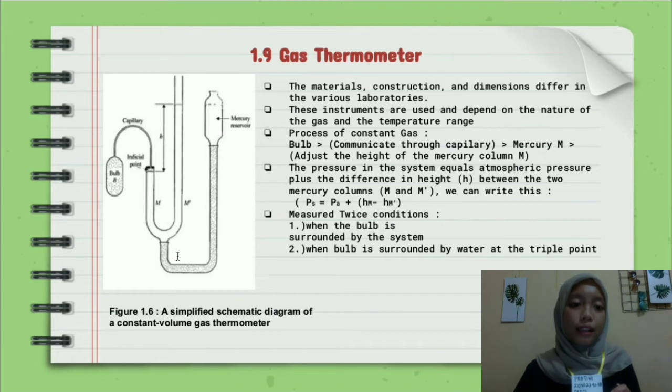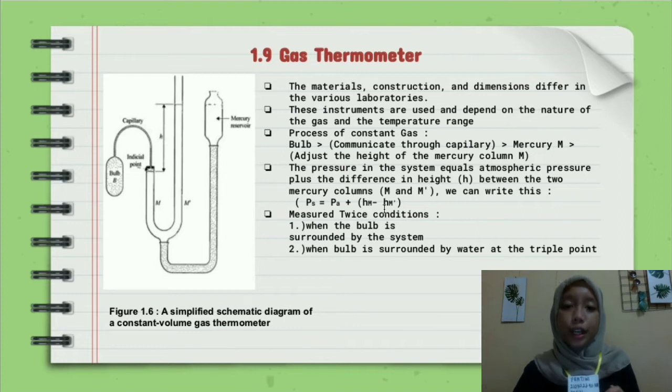So the gas can be called constant volume when the pressure in the system equals the atmospheric pressure plus the difference in H of M minus H of M prime. We can write this: the pressure of the system, the gas thermometer, equals the pressure of the atmosphere plus H of M minus H of M prime.